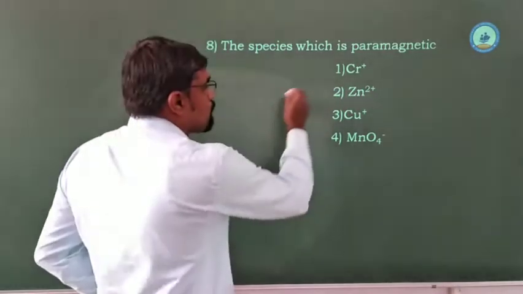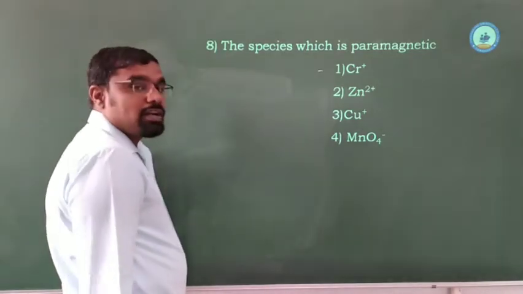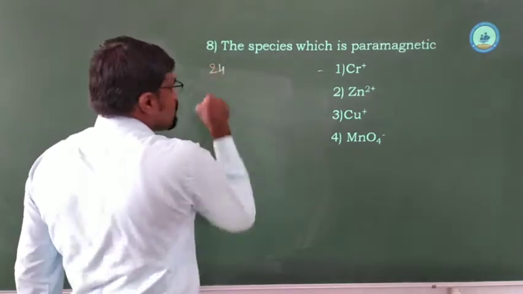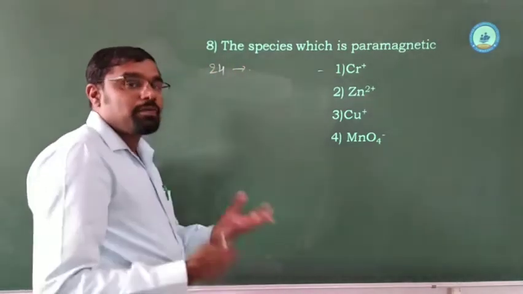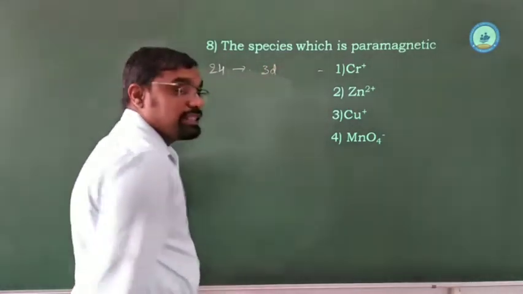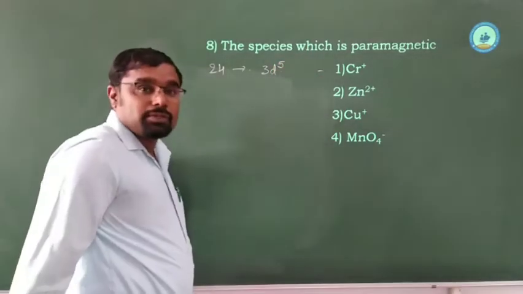So come to chromium plus, Cr plus. The atomic number is 24. Cr plus means 1 electron has to be removed from the s orbital. So then the remaining electrons present in d are 5. Okay.